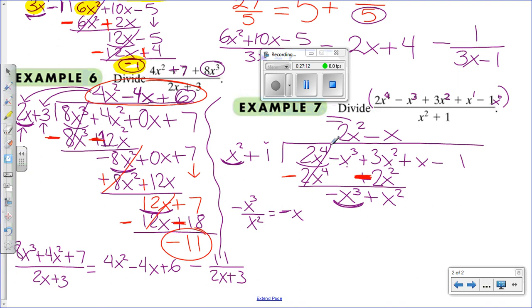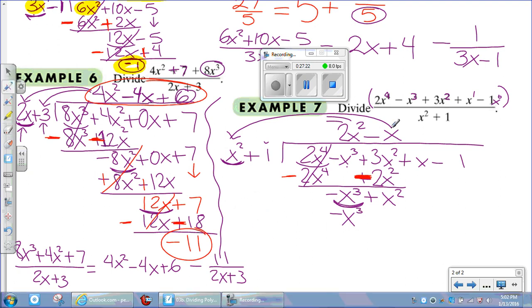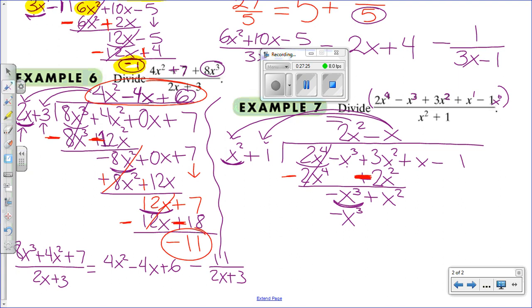Now what I need to do is multiply, so negative x times x squared, and that will be negative x to the 3rd power. And let me erase this so I don't confuse you. Then we multiply negative x times 1, so that will be negative x. And again, I'm going to write it below this term here, negative x.